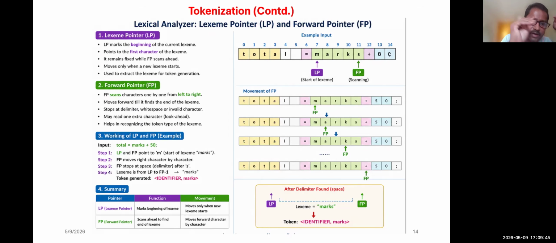Whether it is a keyword, an identifier, an operator, a special symbol, or a constant. How, sir? How exactly does it happen? This is happening through a very interesting tool used by the compiler, known as deterministic finite automata.